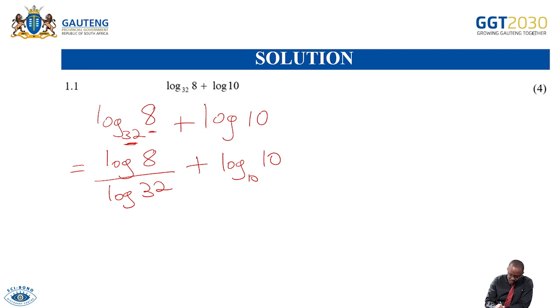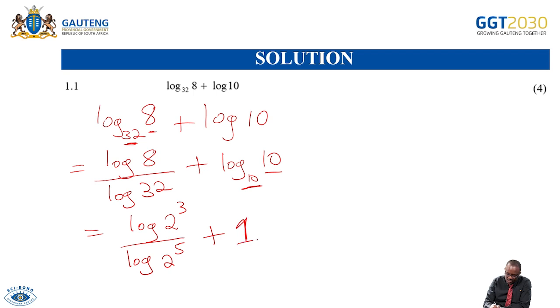Correct? Now, in this case, you will know that 8 we can write in the form of its prime factor, which is 2 to the 3. Then also our 32 can be written as a prime factor, 2 to the 5. Then now we have a log where the base and the number are the same.